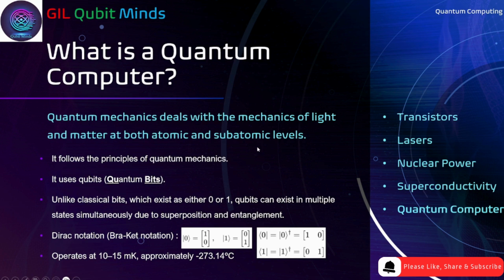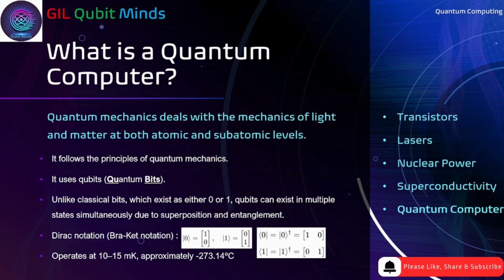This quantum computer follows the principle of quantum mechanics. It uses qubits, quantum bits. Unlike the normal computer or laptop, which we call a classical computer, that can only exist at a particular time as 0 or 1, only one bit is possible, either 0 or 1.